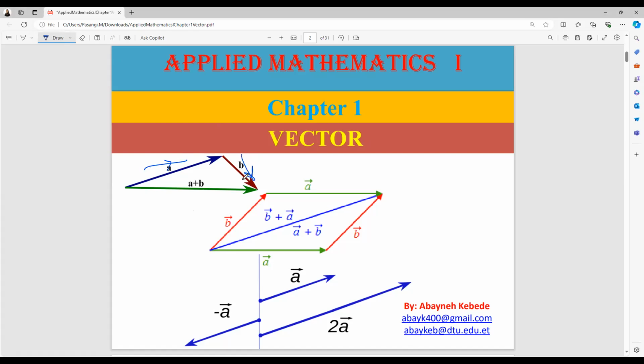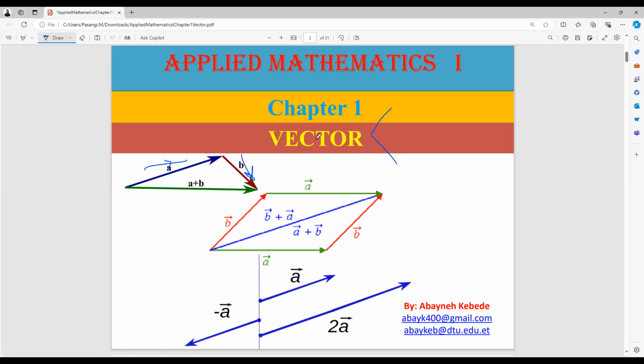Okay, before that, tell me, a vector means what? What are the properties we have in vectors? When it comes to vector, there are two qualities. Magnitude and direction. Yes, very good.